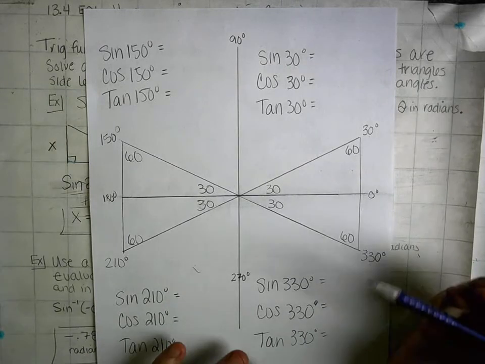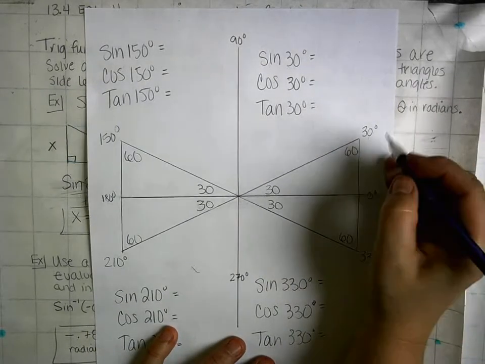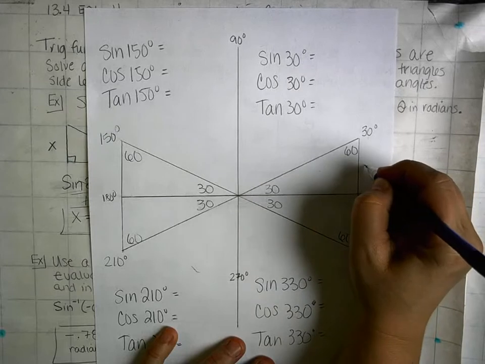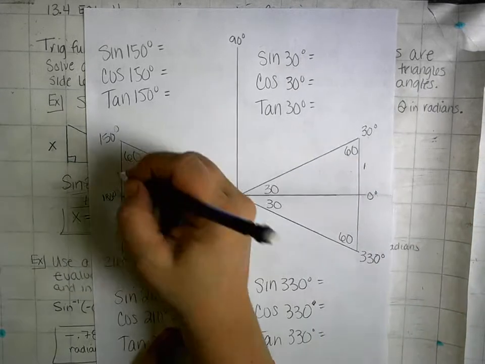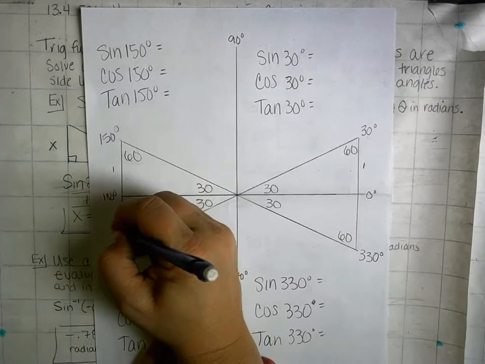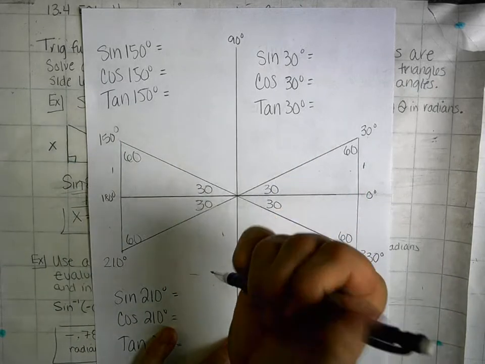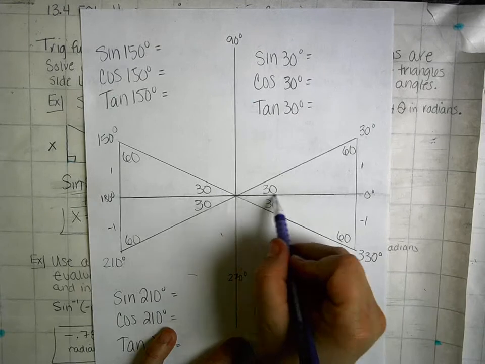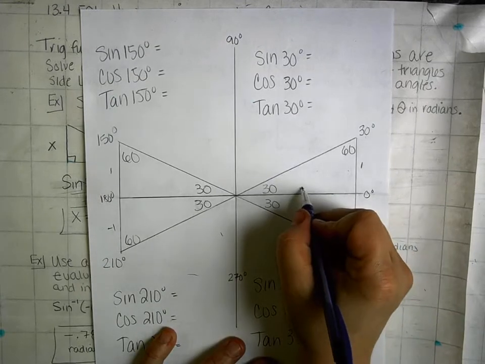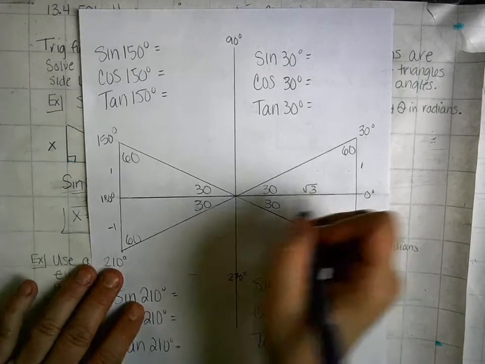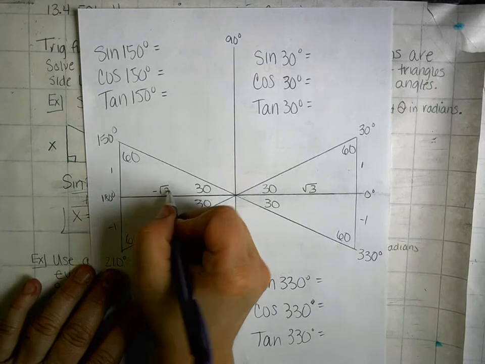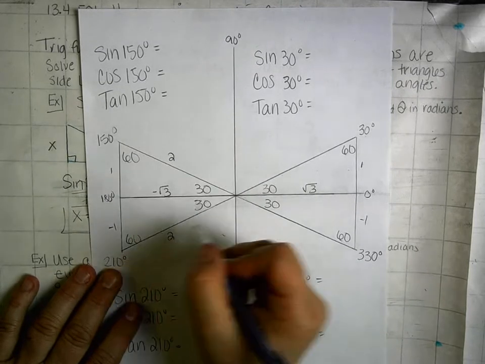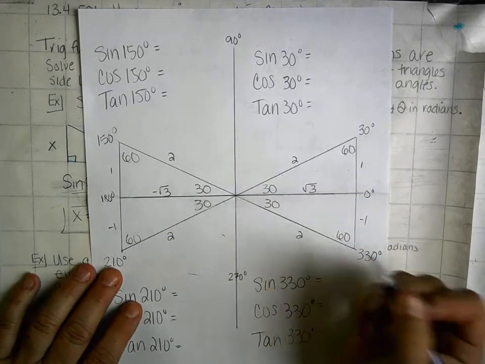Okay? So these are 30, 60, 90 triangles, and notice that the side opposite the 30 degree angle is always 1. And the side adjacent to the 30 degrees is always the square root of 3. Hypotenuse is always positive 2. Okay?